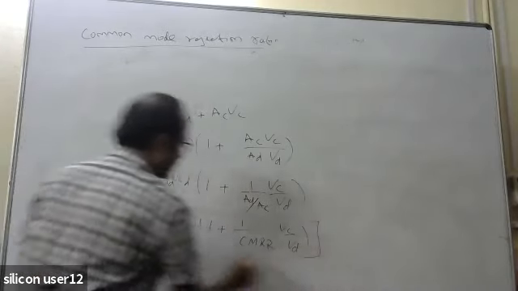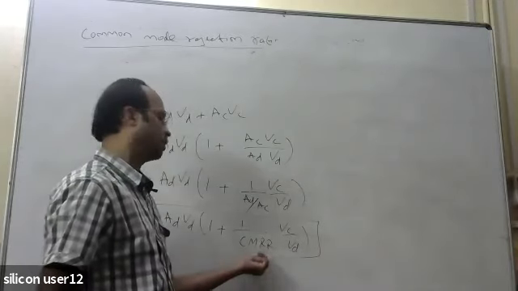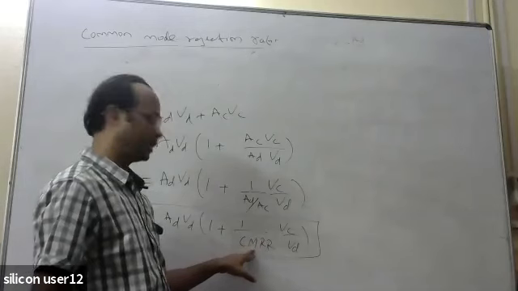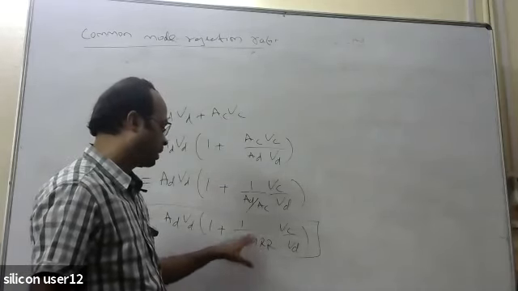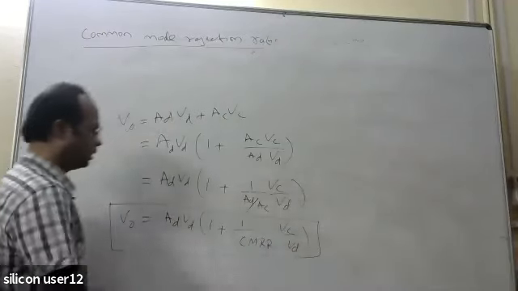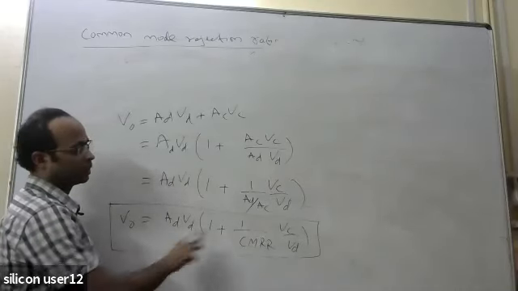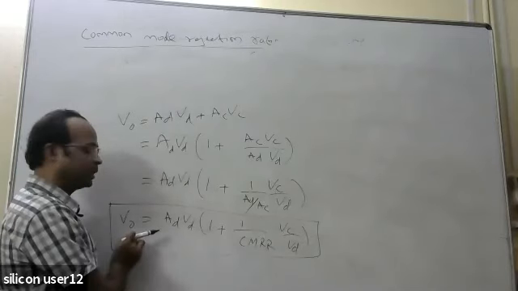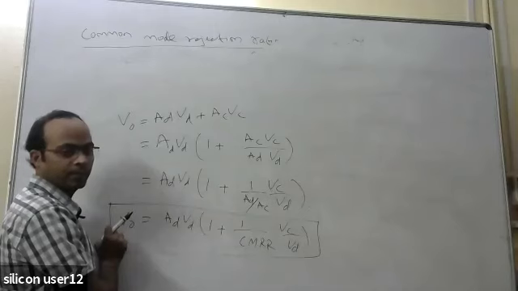So this can also be represented like this. Why is it represented this way? Because if the CMRR goes towards infinity, then 1 by infinity is equal to 0, so this component is cancelled out. Only 1 remains, so V0 is equal to ADVD. This expression indicates that if your CMRR goes high, then your V0 will be equal to ADVD only, which is our intention.